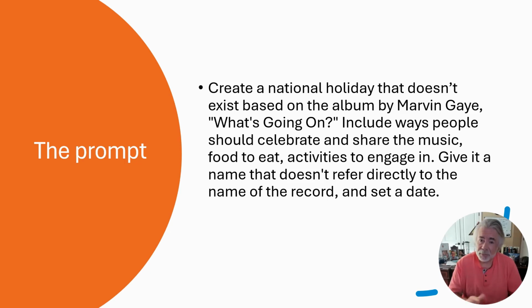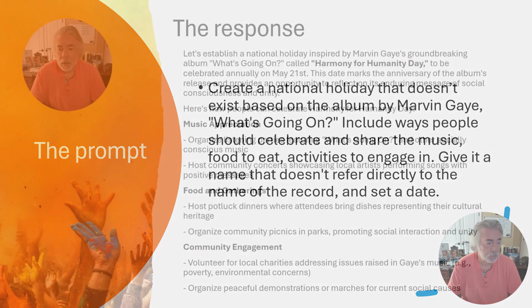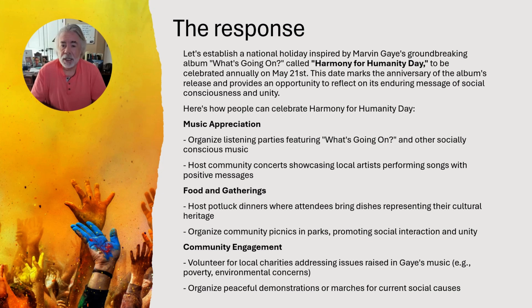So I gave it a lot of specifics, and here's what it came up with. Now I'm not going to read this entire response here. You can pause the video and read it for yourself if you want to get a bigger feel for what AI came up with, but it created a national holiday called Harmony for Humanity Day, which I really like. And then it listed some things that might be done on this holiday.